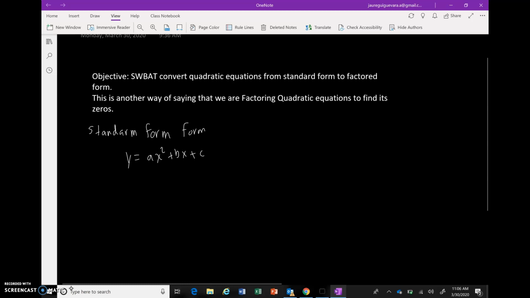And so now we have a new one, and we have factored form. So factored form looks like this.